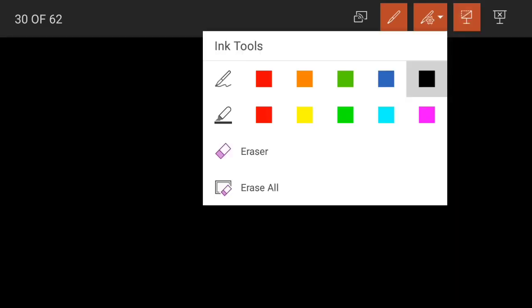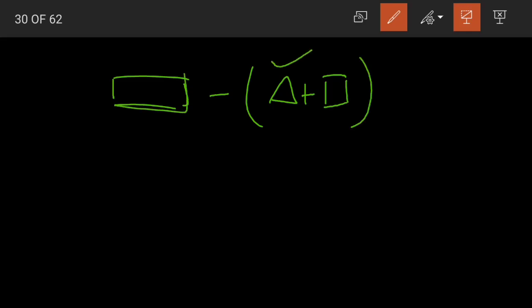So what should we do, children? The area of rectangle minus area of triangle plus area of square. From the rectangle we have to subtract both the areas of triangle and square. The area of rectangle was 36 minus the area of triangle was how much? 4, and the area of square was 9.